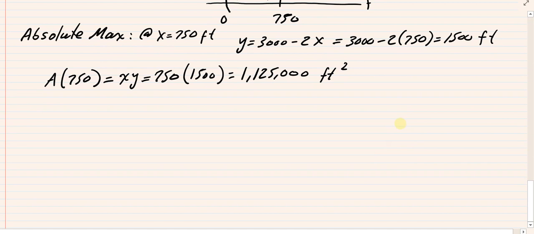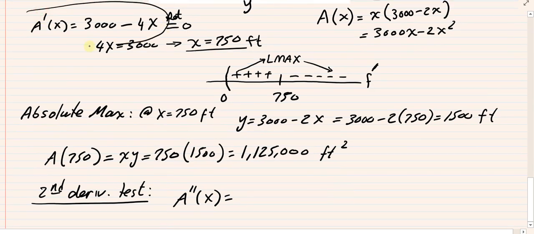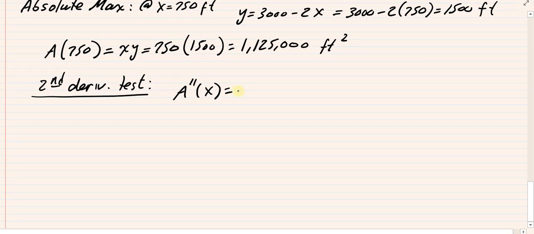Again, if we go through the second derivative test, we were already done with the exercise, I'm just going to show you an alternative way of doing it. If I take the second derivative of the function, that would be A double prime of x. Well, A prime of x is 3,000 minus 4x. So A double prime of x is just going to be negative 4, right? Now negative 4 is always negative because it's constant. So the second derivative here is negative.